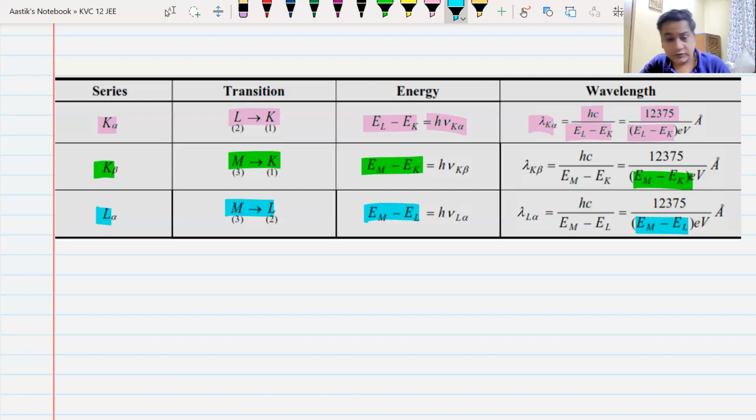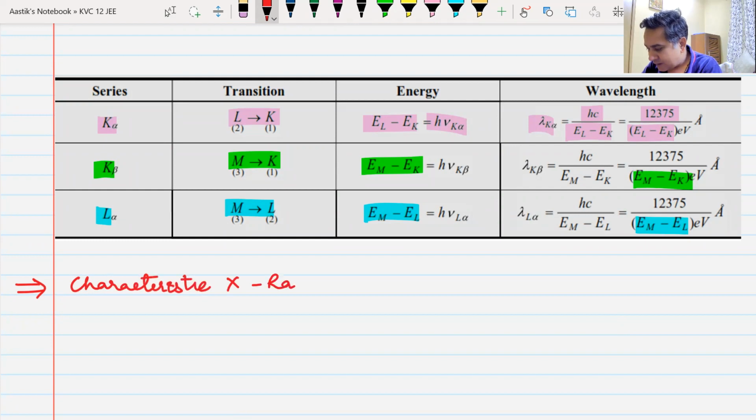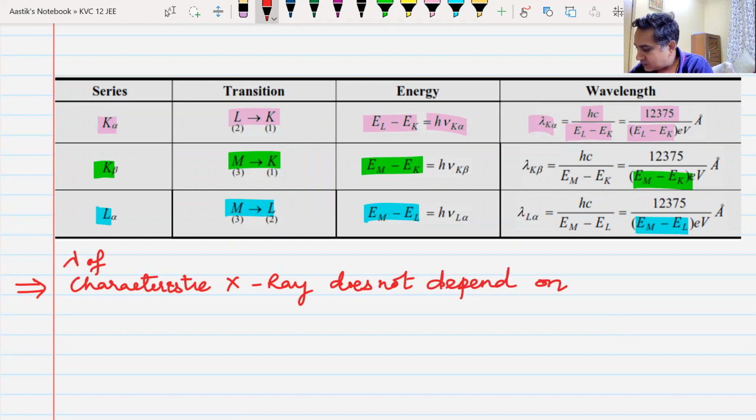Okay, now I'll just write it here only, so that you can note it down. Important points. The wavelength of these characteristic X-rays does not depend on the operating voltage V. Do we see this?